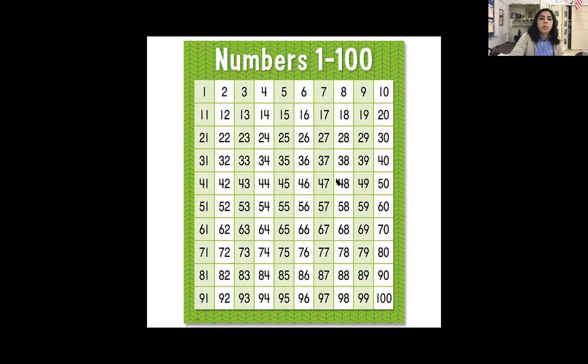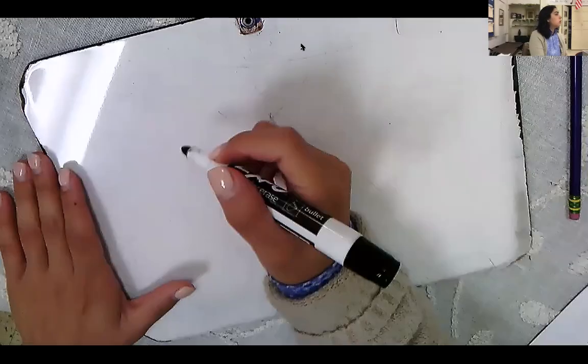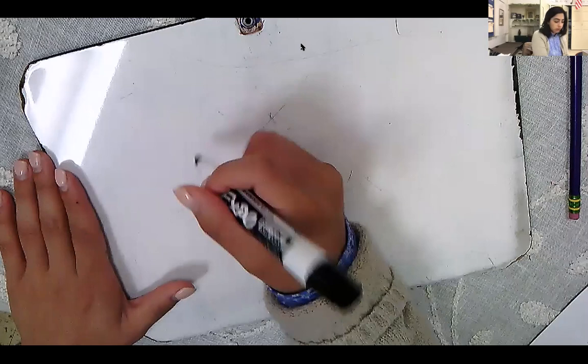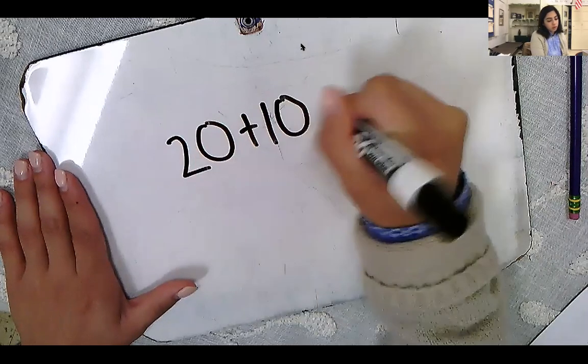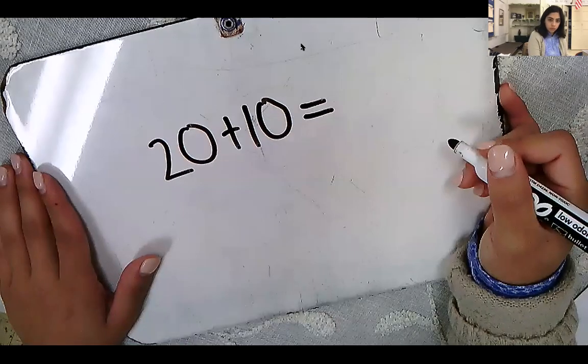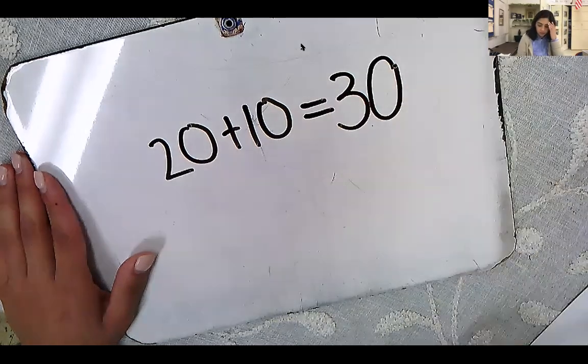So can we write 20 and 10 more like this? So let's stop sharing. Thank you. So 20 plus 10 more was 30, right? It would just go down. So we can write it like this. 20 plus 10 equals 30, right?